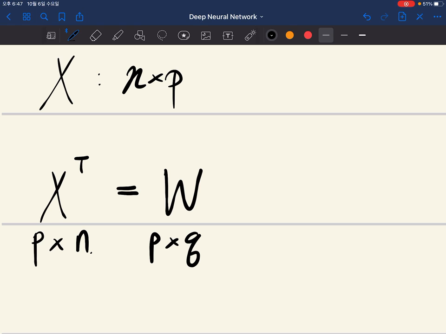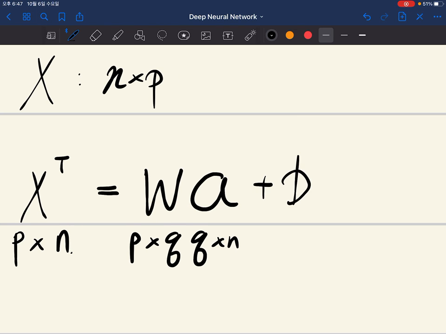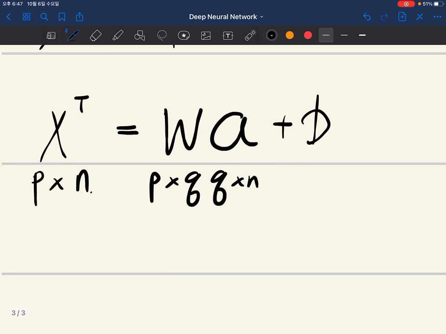And we usually use the notation capital F, but since we're talking about the deep neural network structure, let's say a matrix A of size q by n. So each column contains the factor variable values for each observation, plus the bias vector of size p by 1. So one might ask, how can we add the matrix and the vector?